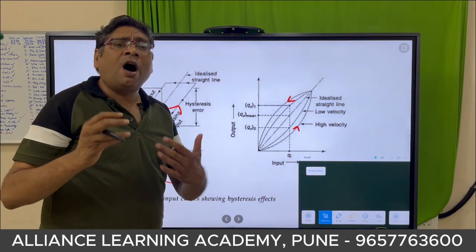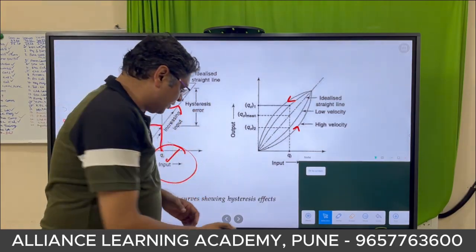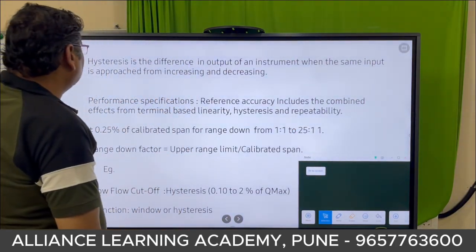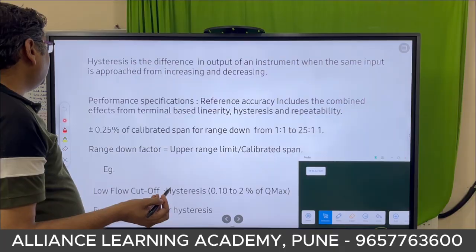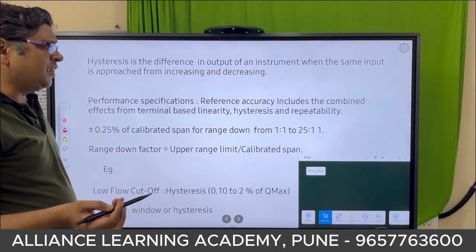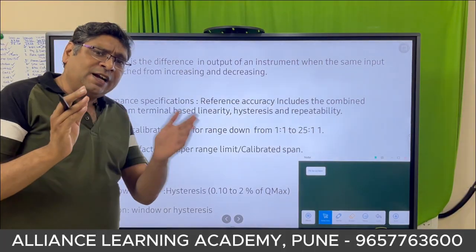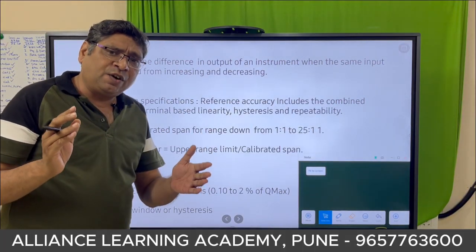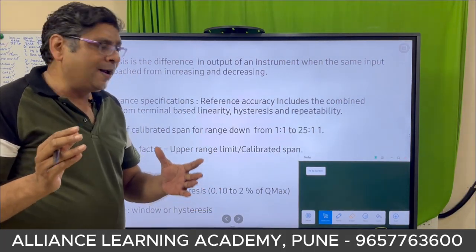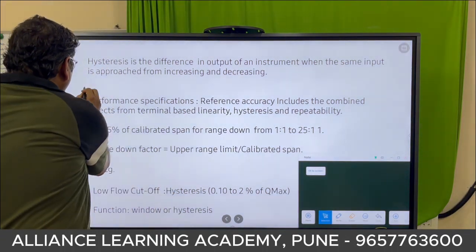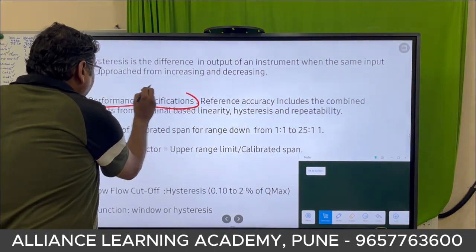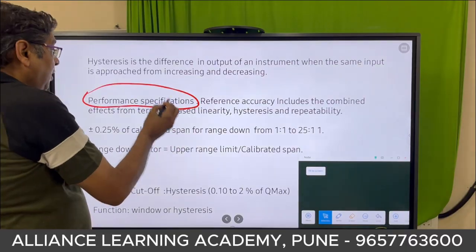Now we'll see how it looks in specifications. If you go and see the data sheets, specification sheets of the different instruments, you will find these lines, performance specification. Here, what is written?